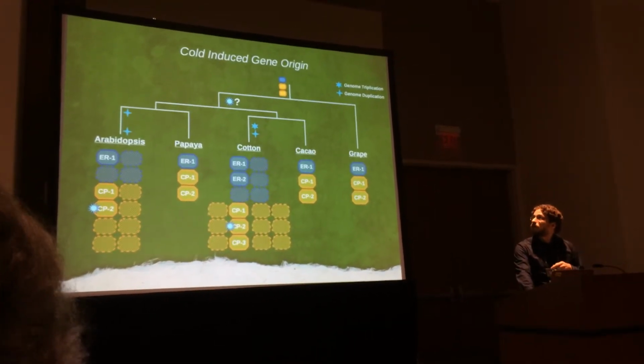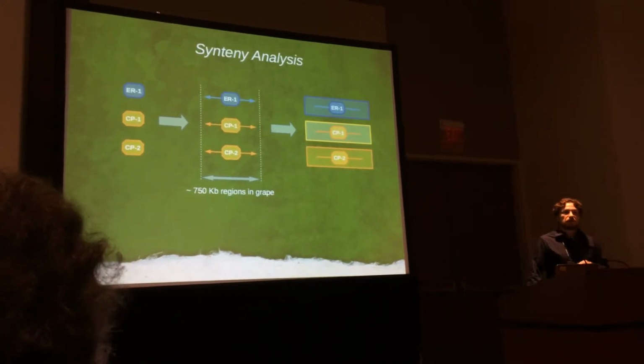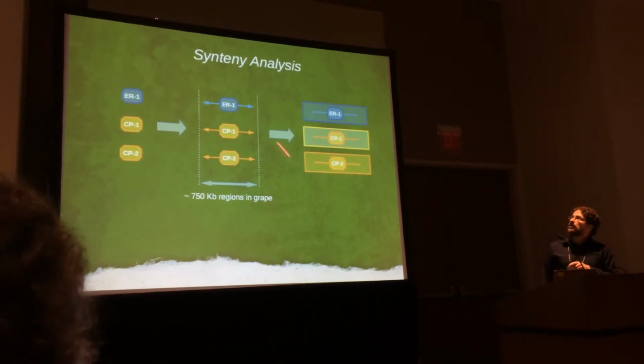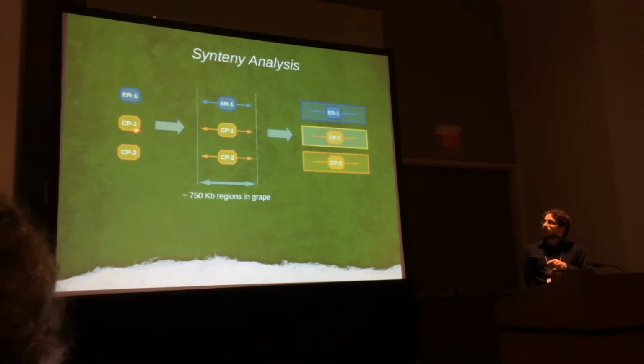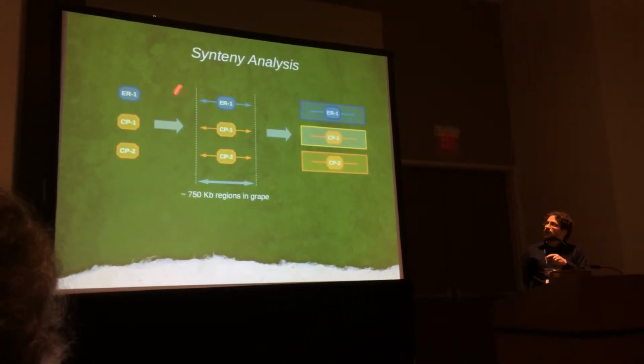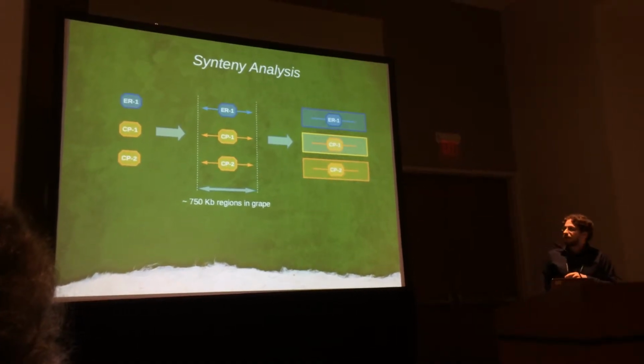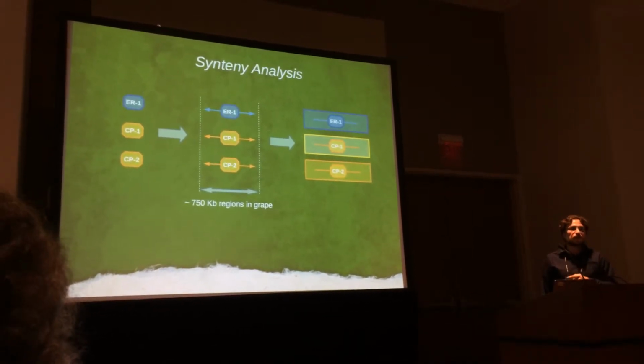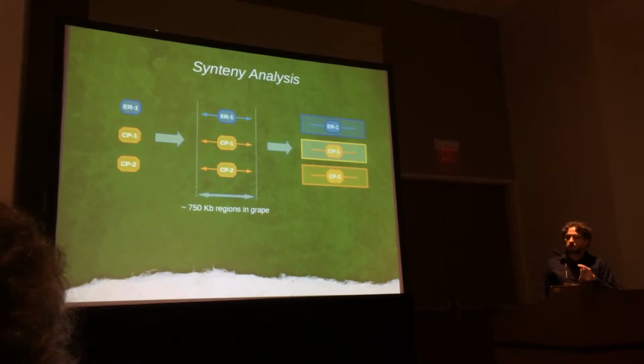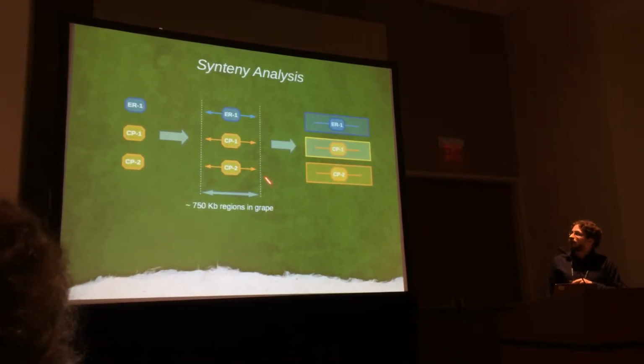So to address both of these questions, we turn to syntenic analysis. Briefly, what we did is select these three genes within their genomic background, and we picked grape, which is the outgroup, and it's been shown to have very little genome rearrangement compared to the other taxa.